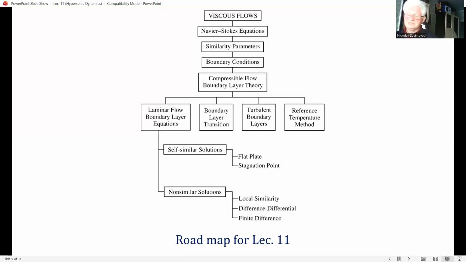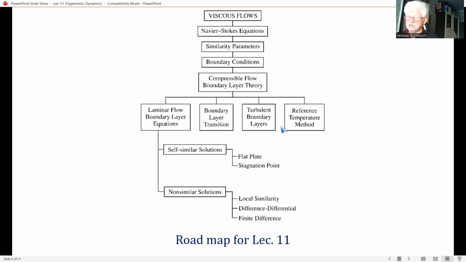Then we move to the second heading and discuss the phenomenon of transition from a laminar to a turbulent boundary layer, followed by the third heading, namely turbulent boundary layer, using the classic results from incompressible flow.